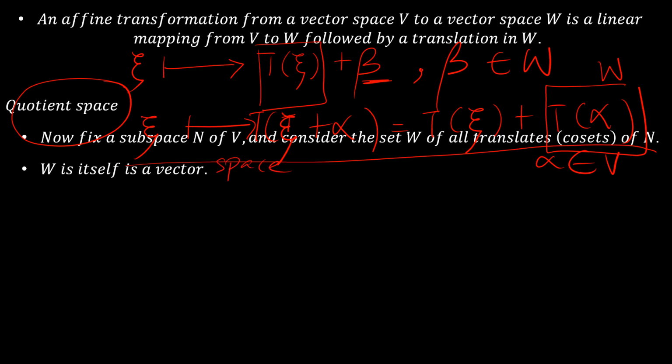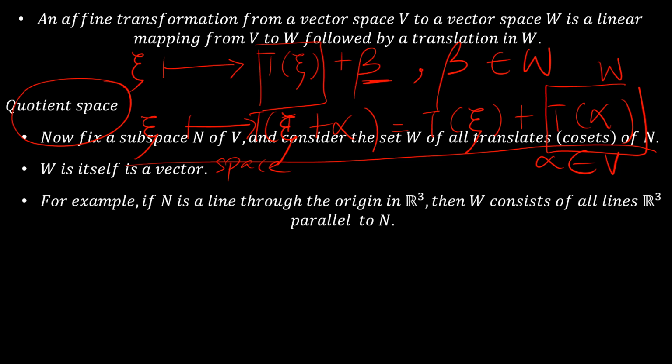Because now it's this global thing that consists of all these translates, these cosets of n. For example, if n is a line through the origin in the three-dimensional Cartesian space, then W consists of all lines in the same space parallel to n.